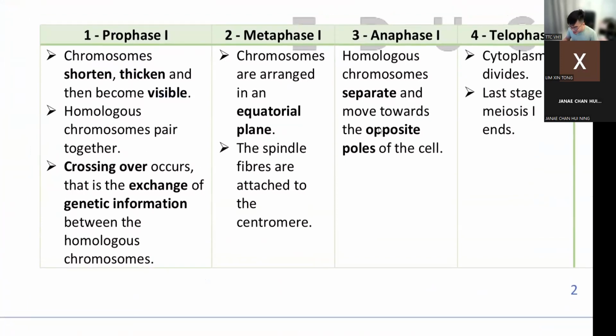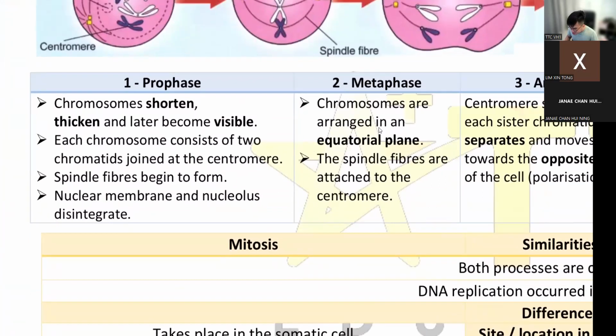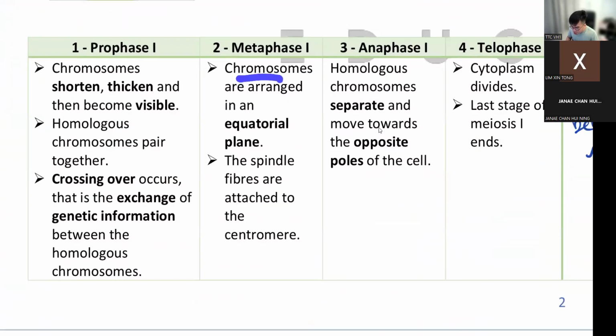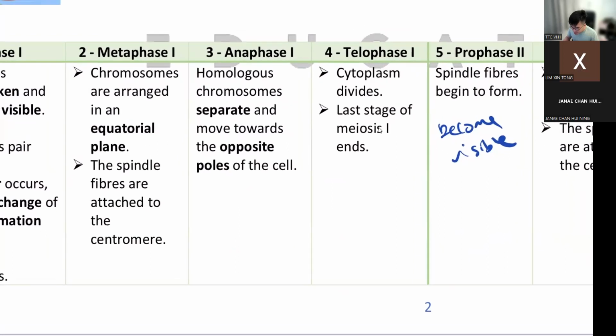Same thing, metaphase 1: homologous chromosome arranged at equator. You just add another homologous in front. Anaphase 1, just now chromosome separate, right? Now homologous chromosome separate. And then telophase 1, homologous chromosome reach opposite pole.